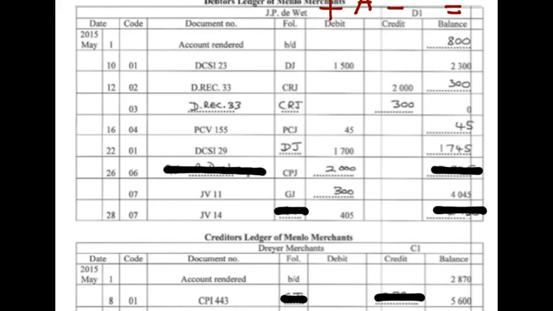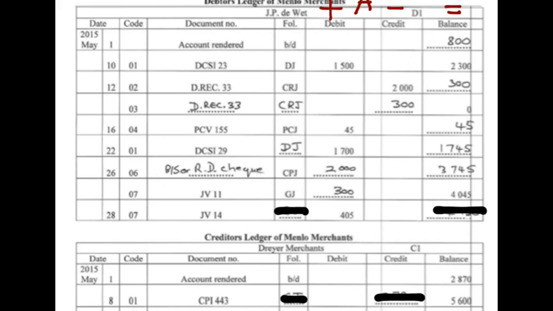The document connected to 2,000 Rand is either a bank statement or an RD cheque. So the 2,000 Rand makes the debtor's account increase to 3,745. The 300 Rand makes it increase further to 4,045 Rand. Then there's another journal voucher on the 28th.